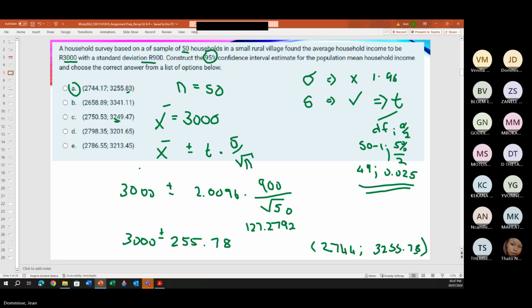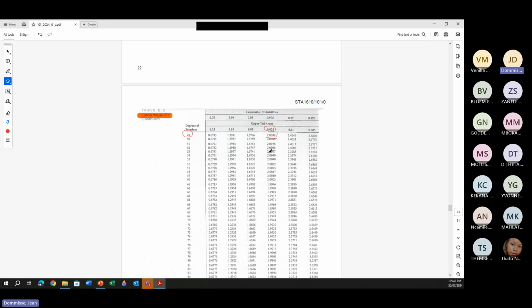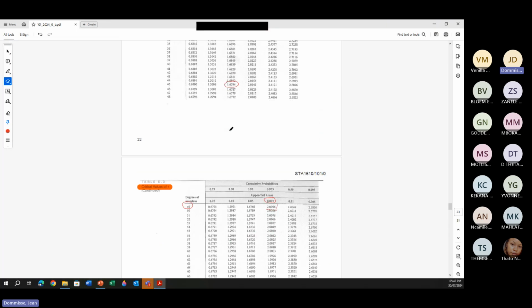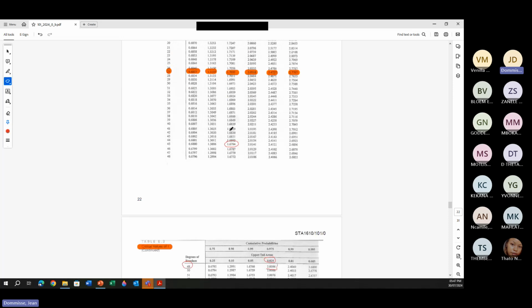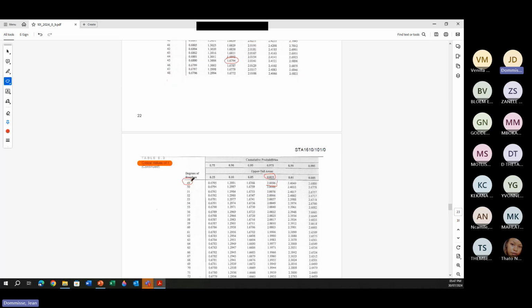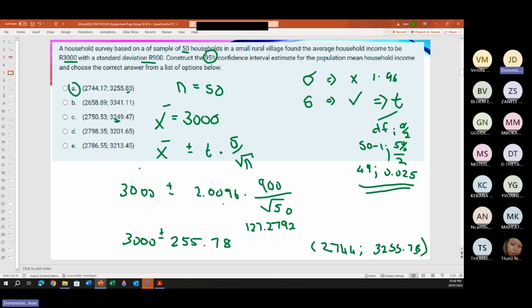We have our limit, so then we go to the t table, where degrees of freedom was 49, the 0.025, which is 2.0096. So for the t value, we will use that. And yes, unfortunately, there is an option if you have gone with the z. So then you will get option C.